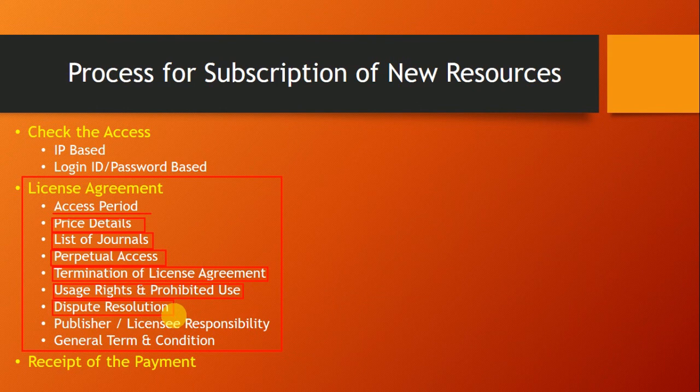Generally, suppose the publisher headquarter is in USA and you are sitting in India. If any dispute arises between the content provider and licensee, in that case the dispute should be litigated in India, I mean where the institute exists, because it will be very difficult for the institute to settle the case in USA.